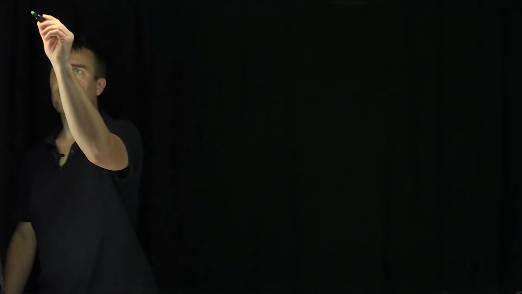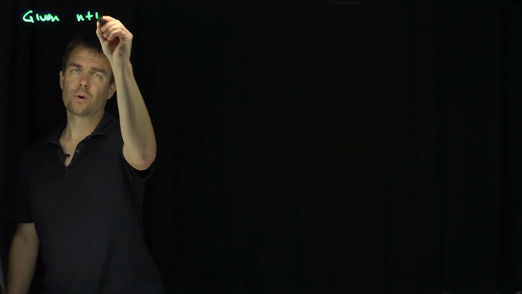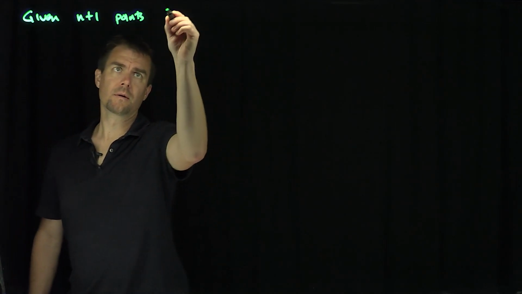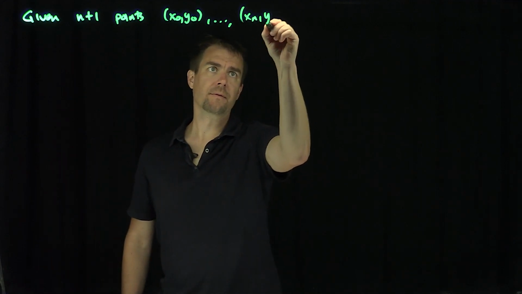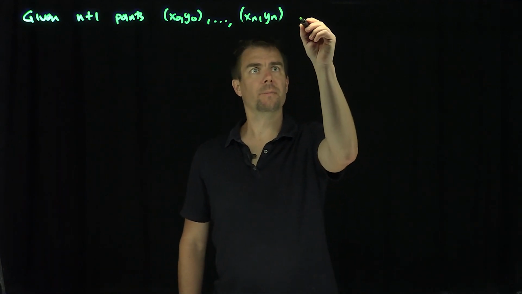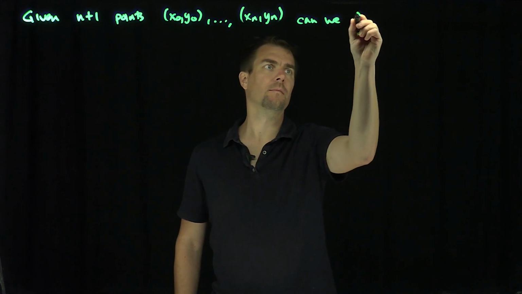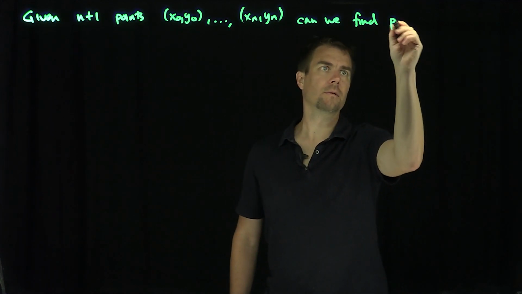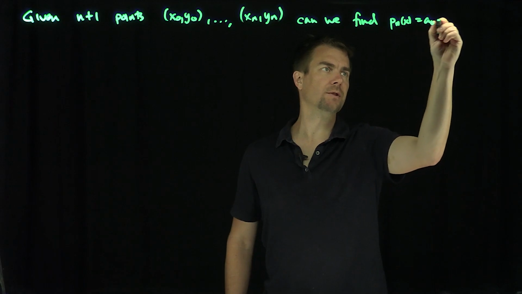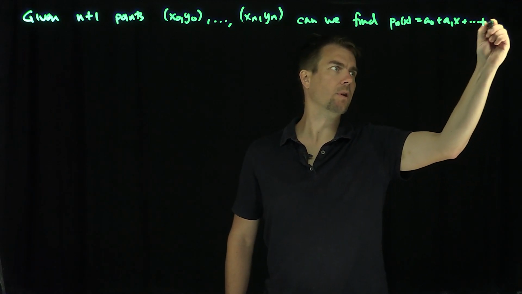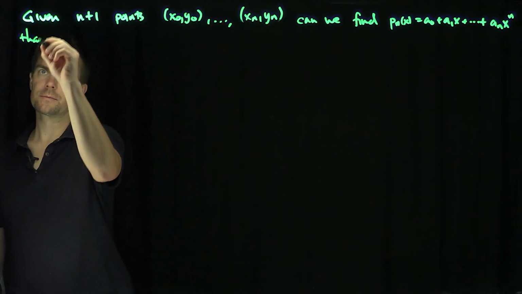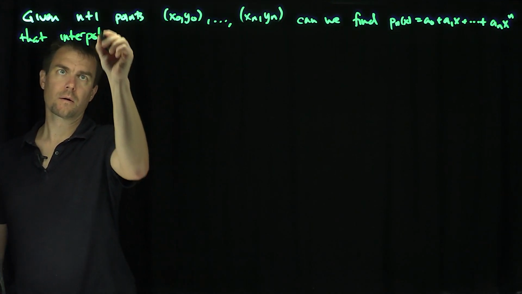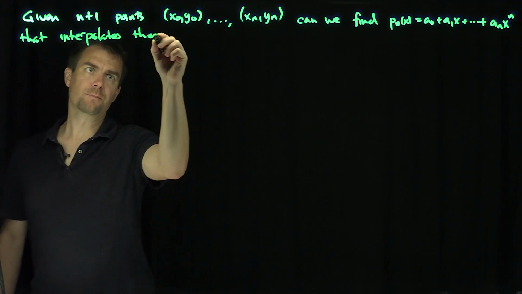Hello students, in this video we'll begin our discussion of Lagrange interpolation. If I'm given n plus 1 points, (x0, y0) through (xn, yn) in the plane, can we find a polynomial pn(x) = a0 + a1 x + ... + an x^n that interpolates these points?